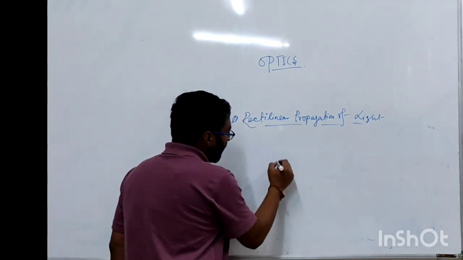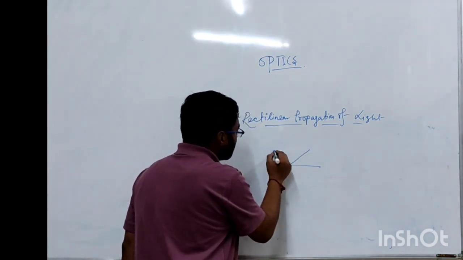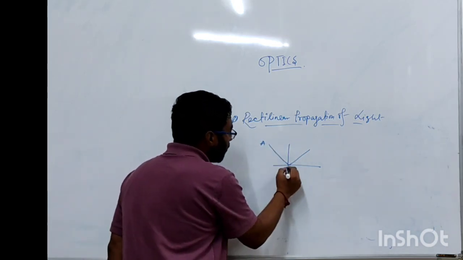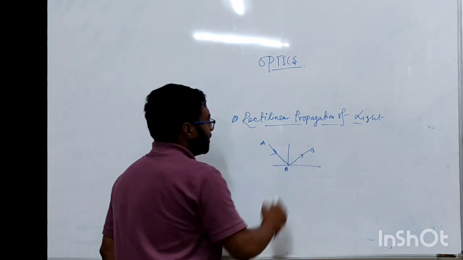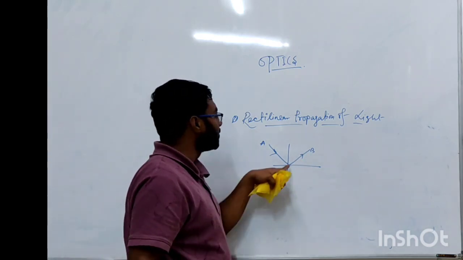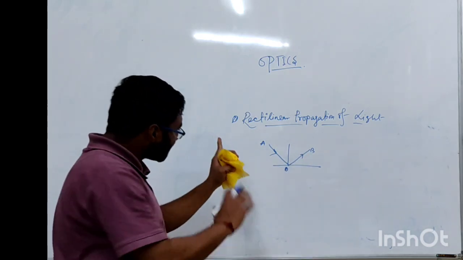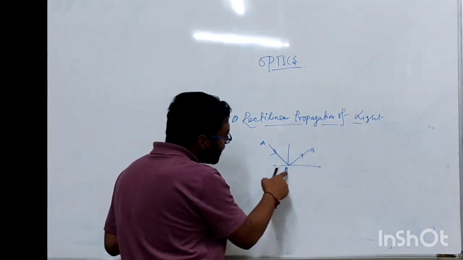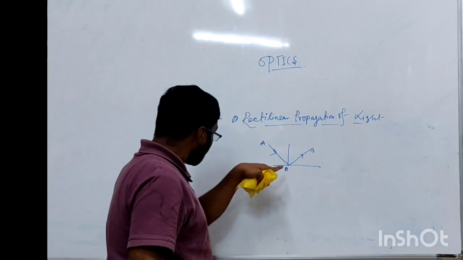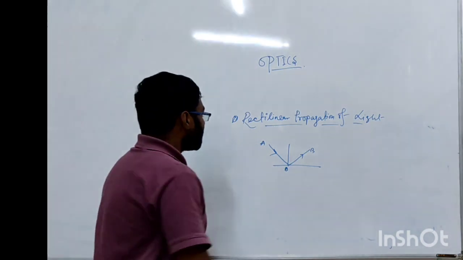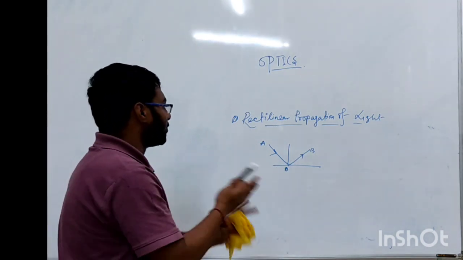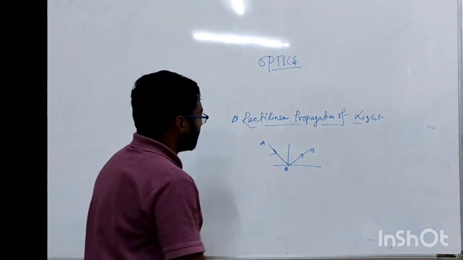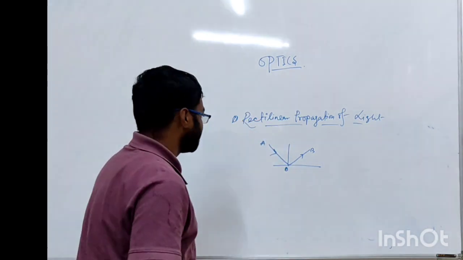For the case of reflection, if light travels along A, O and B, the incident ray will be AO and the reflected ray will be OB. If we reverse this phenomenon, such that OB is the incident ray, then OA should be the reflected ray. So if we reverse this phenomenon, the path of the ray should be invariant. This is the reversibility of light.